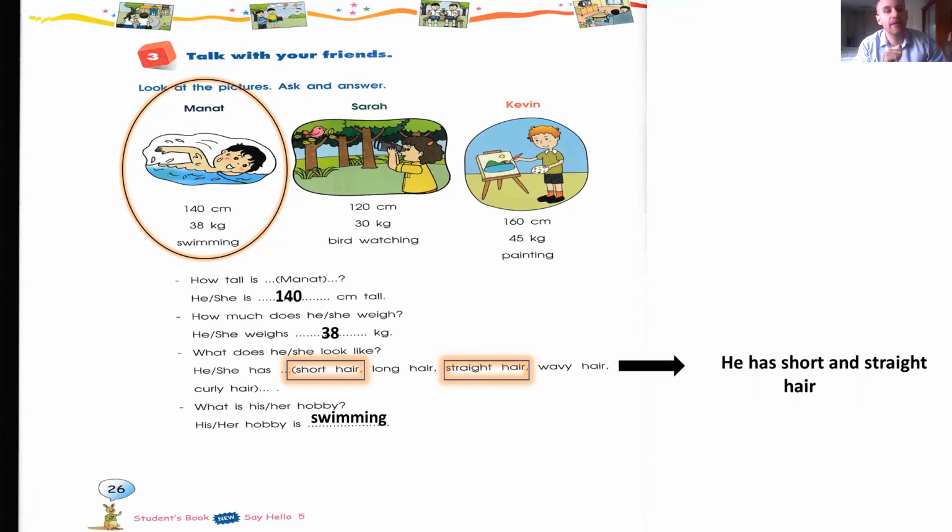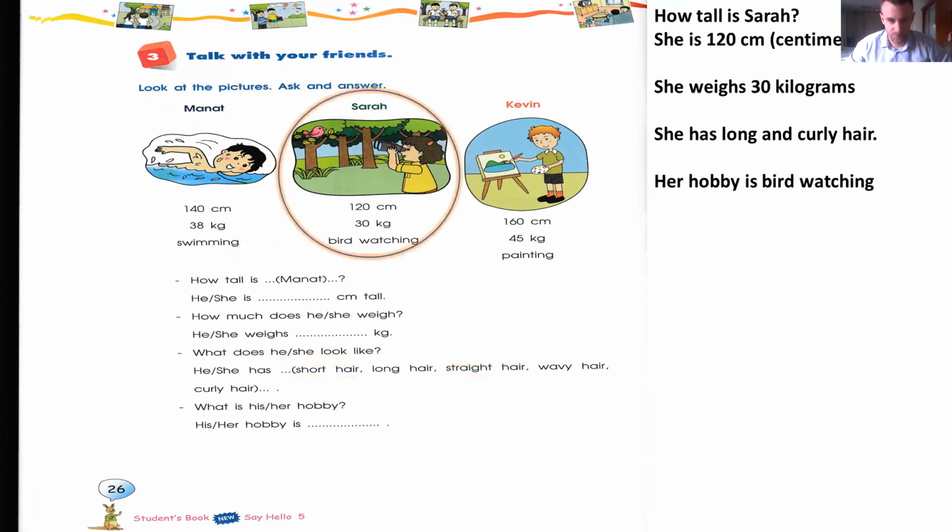and we will make the answers for Sarah. I wrote on the right because you cannot write on your book. So I did like you. It's a virtual piece of paper. Let's go. How tall is Sarah? She is 120 centimeters tall. She weighs 30 kilograms. She has long and curly hair.